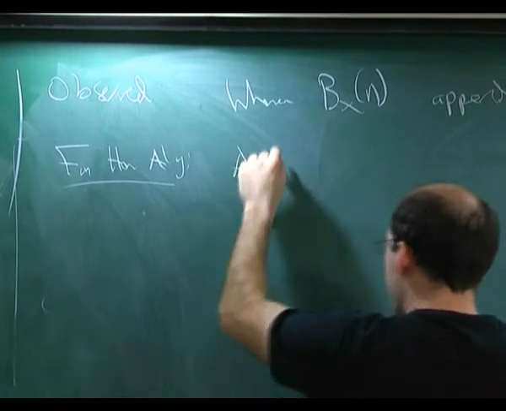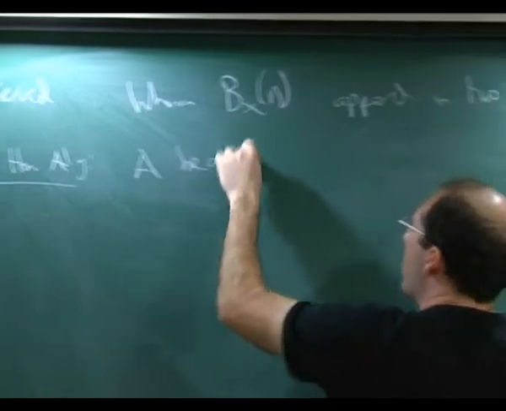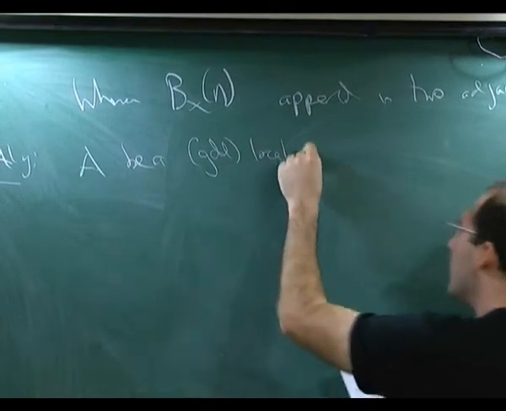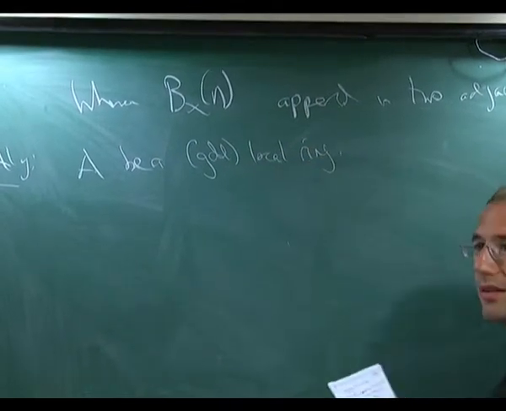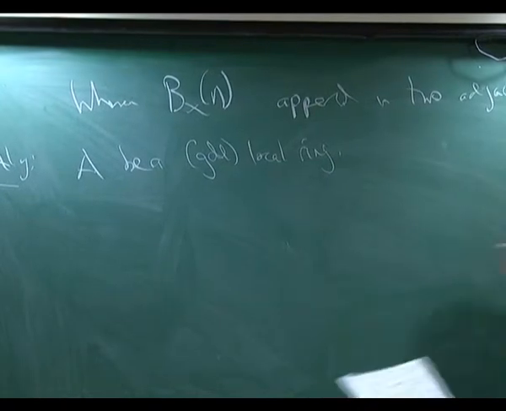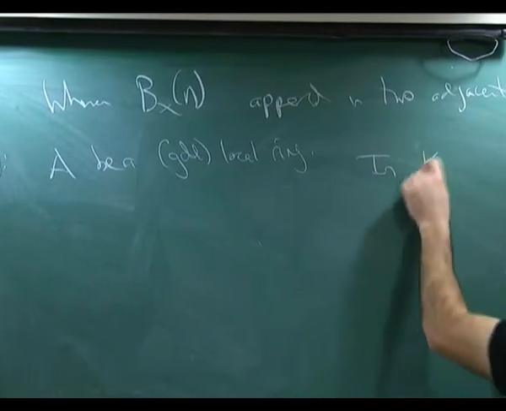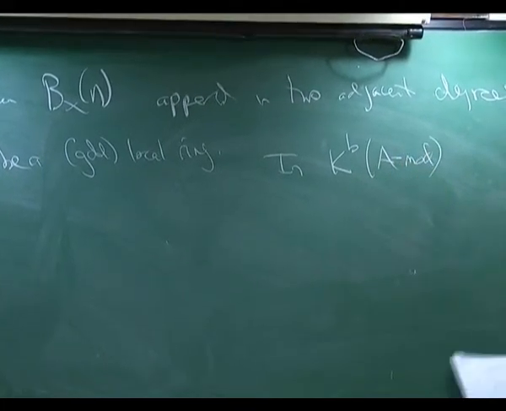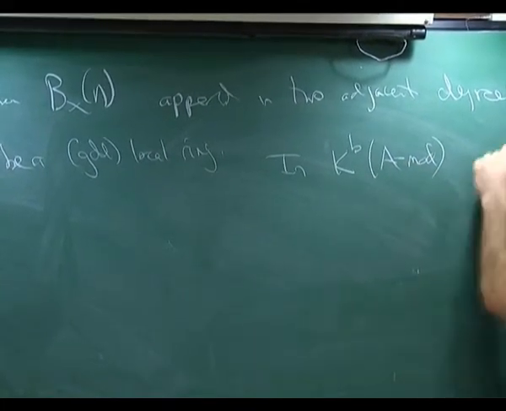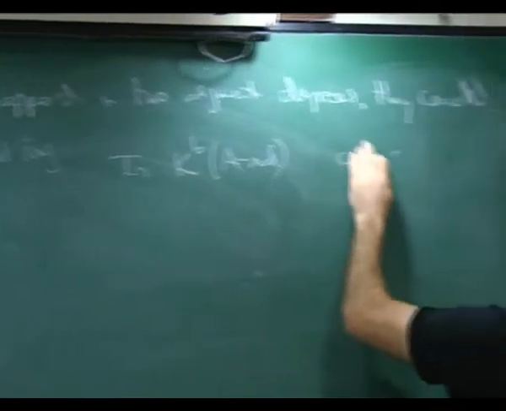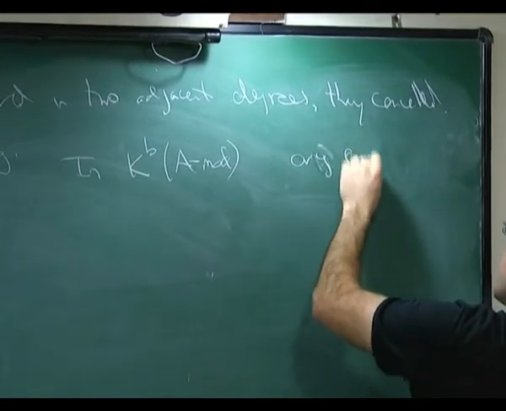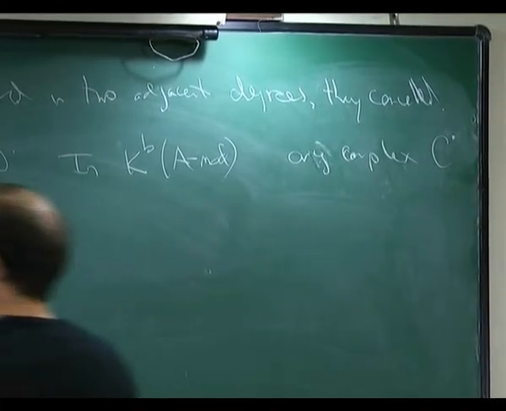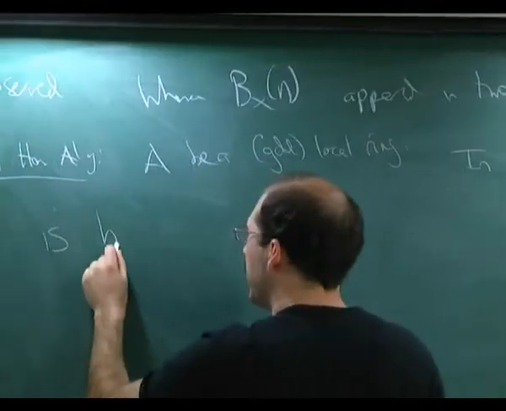So let A be a local ring, or maybe a graded local ring. Okay. Inside the homotopy category of A modules, any complex is homotopy equivalent to a minimal complex.